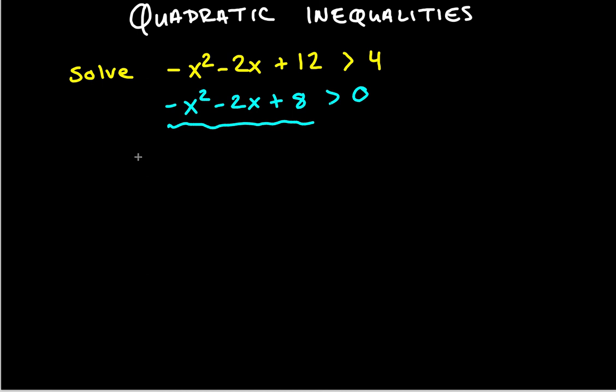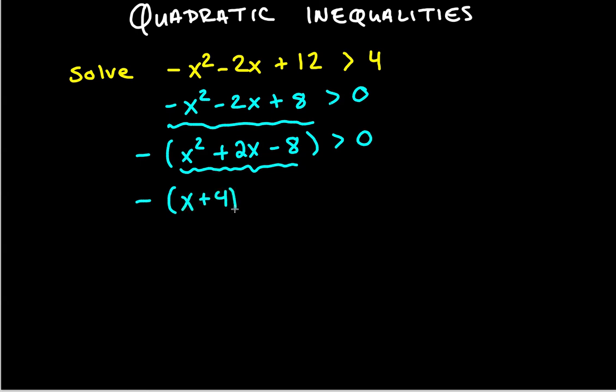So let's factor out a negative, because I like that positive coefficient of 1 next to x squared. So we're just factoring out a negative there. And again, we see this guy as factorable. Remember, the quadratic formula can always be used if you don't see the factoring right away. Don't waste a lot of time looking for the factoring. So here we go. We're going to factor this as x plus 4, x minus 2.